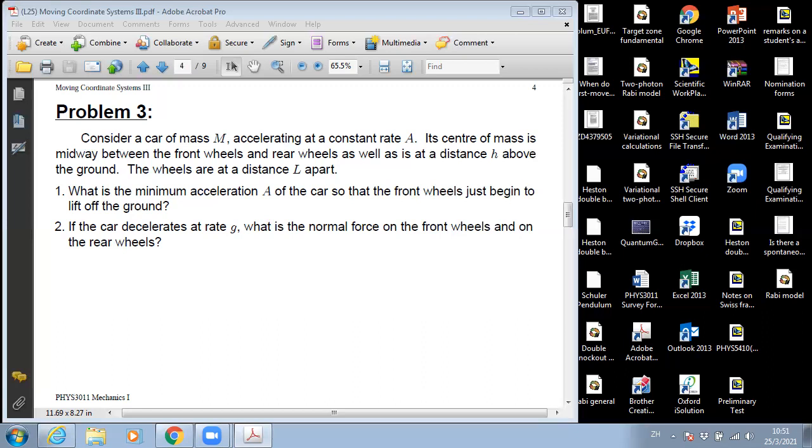Now one may wonder why we are required to find the minimum acceleration instead of maximum.